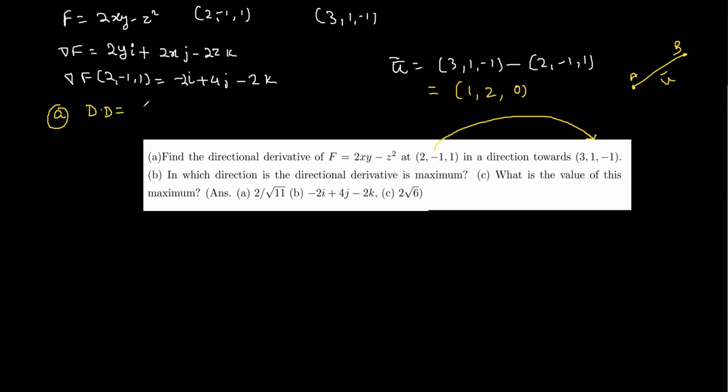Directional derivative. Dot product with i plus 2j. Minus 1, minus 1. This is minus 2.